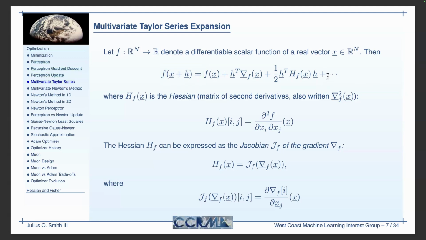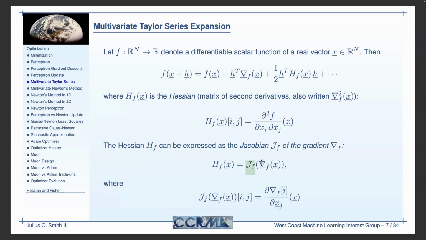And so now we can solve this the same way. Set the gradient to 0 and solve, and you get the generalization. You get Newton's method in higher dimensions. And this is just a little side note that says you can express the Hessian as the Jacobian of the gradient. So the Jacobian operator takes the derivative. It's the matrix of derivatives.